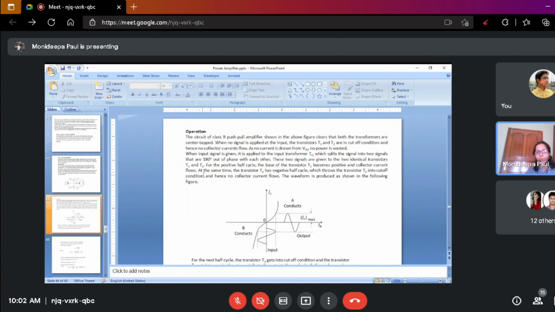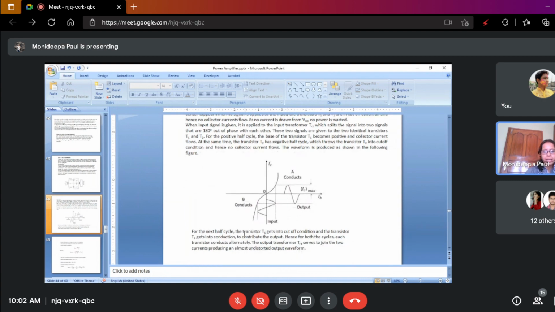The waveform is produced as shown in the following figure. This is the output waveform. When we apply the positive half cycle, we get the output signal. When we apply the negative half cycle, due to the presence of the second transistor, that is T2, we get this.